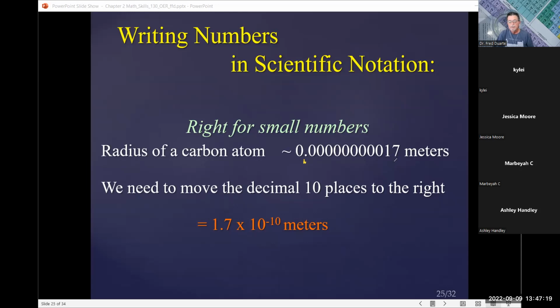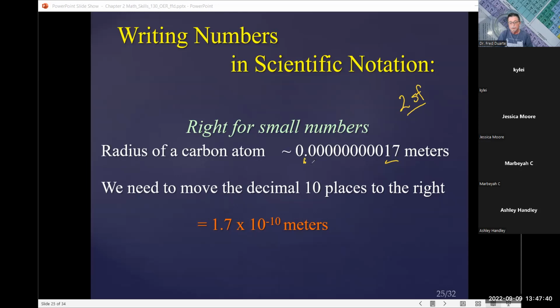Step number 1, how many sig figs? Determine that. I got 2 sig figs in this number, so my answer would have 2 sig figs. Find my decimal point, count the decimal places until I find the first integer, and then stop the decimal counting right after that first integer.